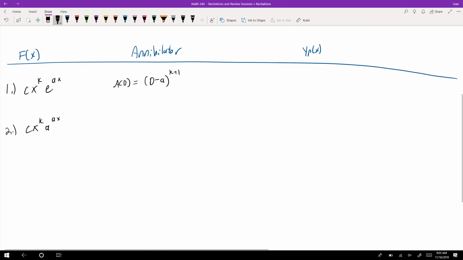So the next one is going to be cx to the k e to the ax cosine bx, or cx to the k e to the ax sine bx. Okay, so this is what happens when you have cosine and sine terms. So the annihilator here is going to be a little more involved. It's going to be parentheses D squared minus 2aD plus a squared plus b squared raised to the k plus 1 power.